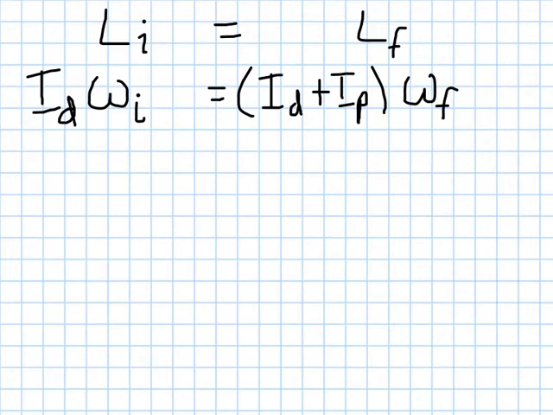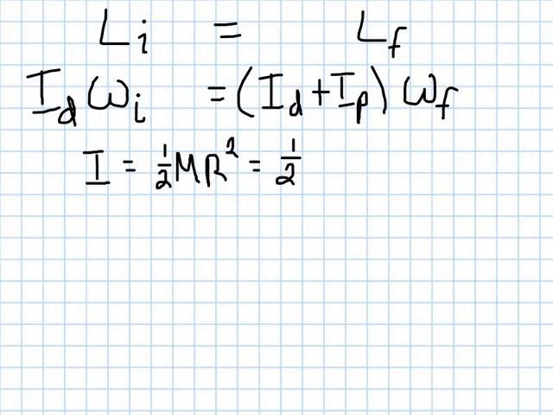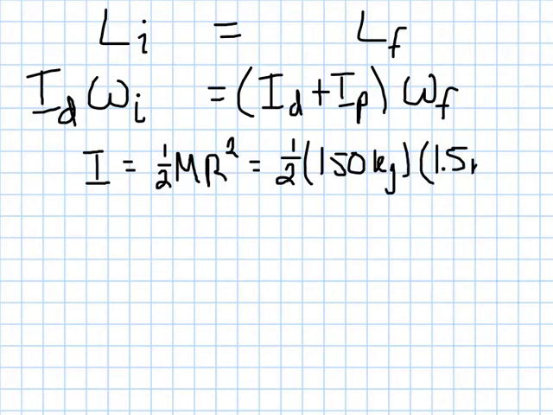Let's consider some of the numerical values. So the moment of inertia of the disk, you can look this up. This is 1/2 times the mass of the disk times the radius of the disk squared. In this case, that's going to be equal to 1/2 times 150 kilograms times the radius of the disk, that was 1.5 meters.